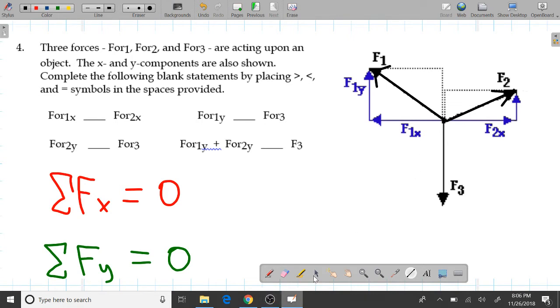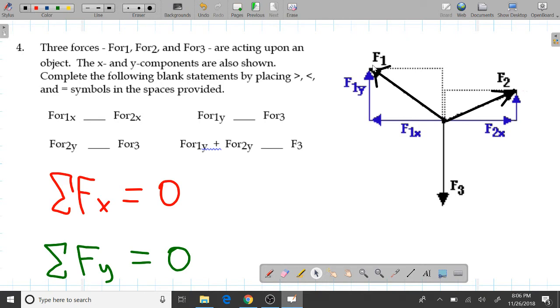Remember, anytime we have a force acting in both directions, meaning both y and x, pulling up at the same time as pulling to the left, we can split this force up into its x and y components. And that's what they did here in blue.